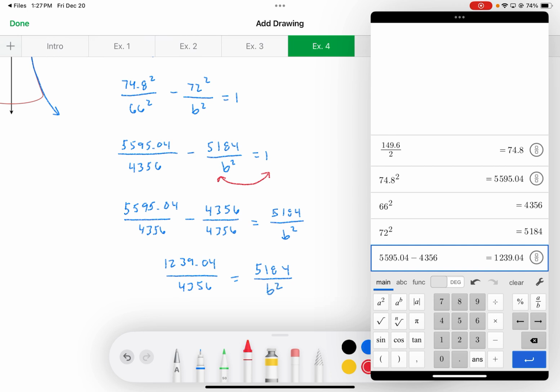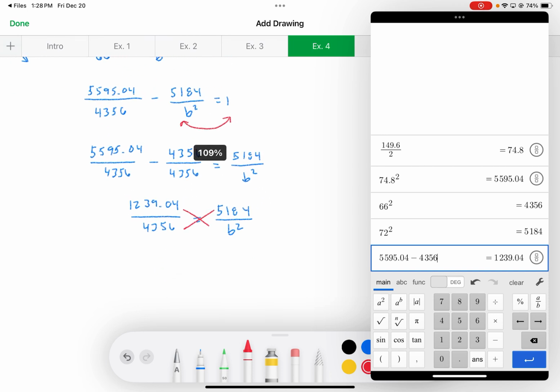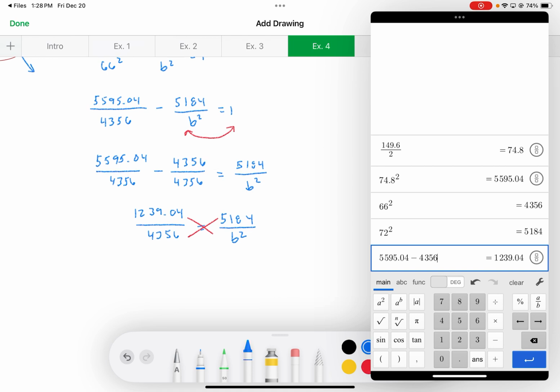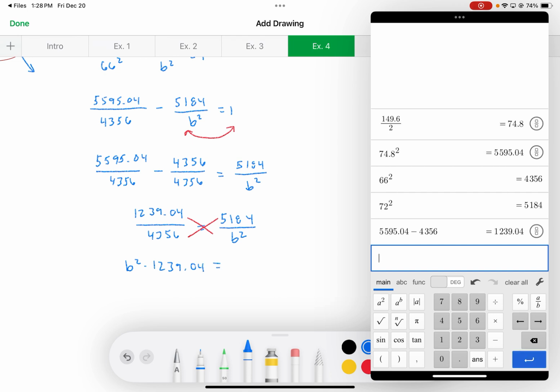And what I've created here is a proportion, which I can solve, of course, by cross multiplication. So we'll have b squared times 1,239.04 equals 5,184 times 4,356, 225.81504.